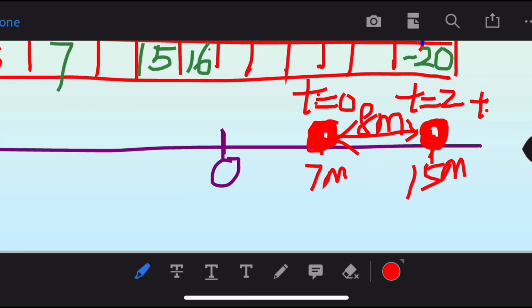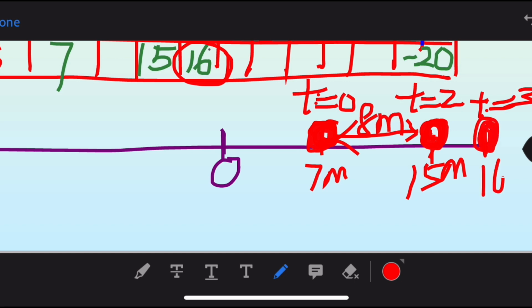When t equal to 3, the particle is here, 16 meter, and that is very important. Then it will change direction, travel back, and then it will come back.